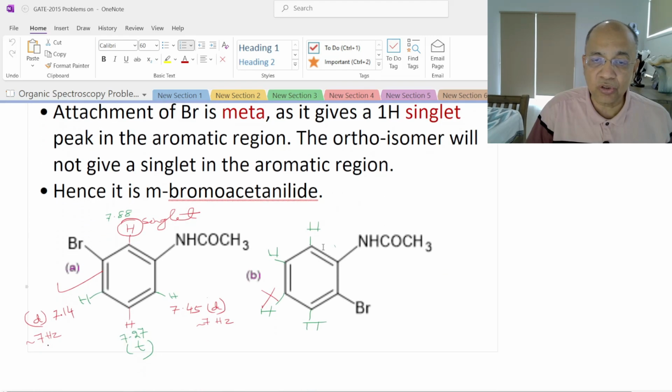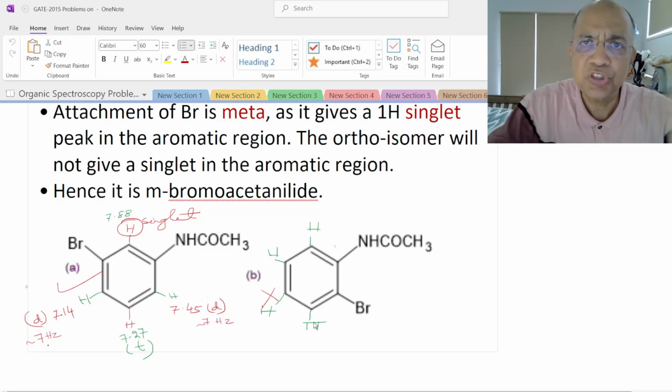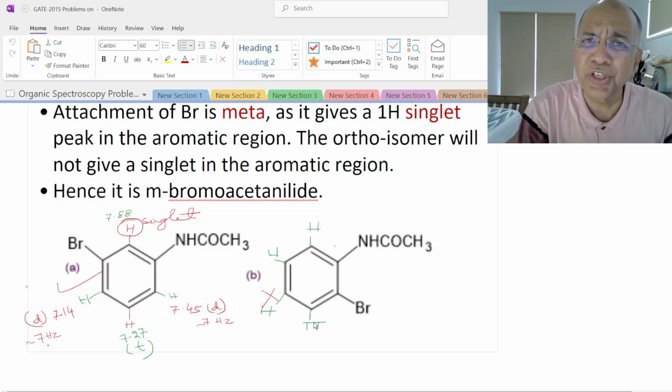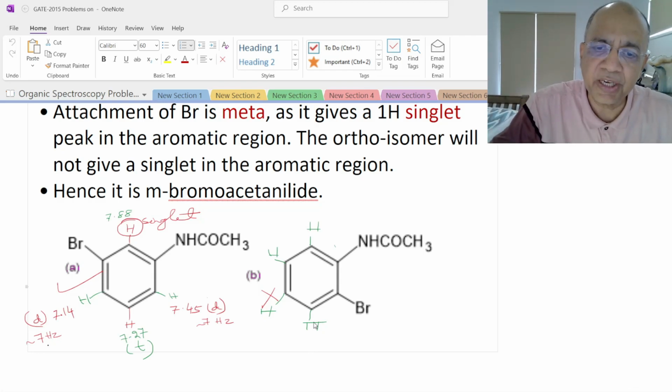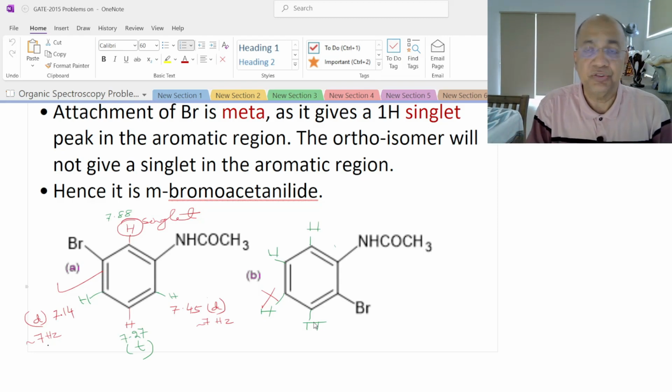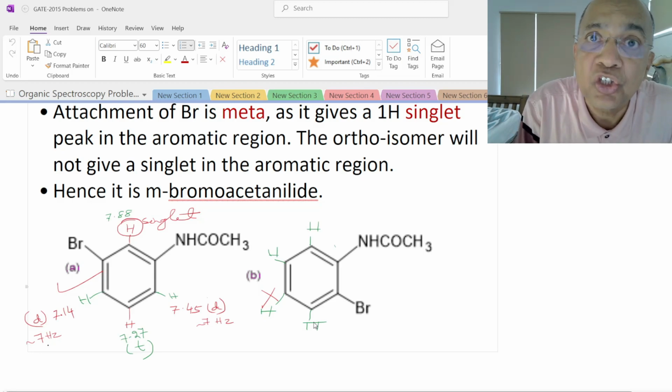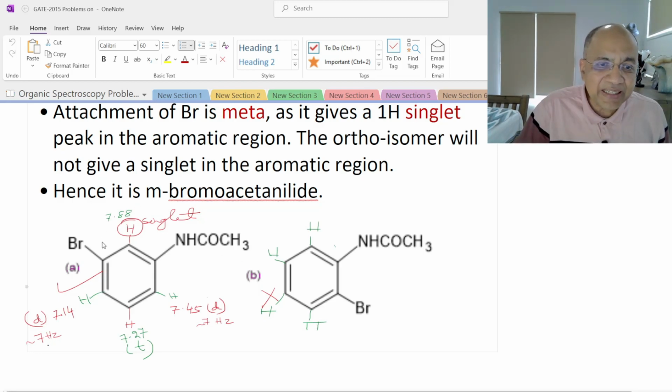If you look at the ortho, this is a doublet, this is a triplet, this is also a triplet, and this is a doublet. Forget about J4 and J5, which will not be visible in a low resolution NMR spectrum. Only in high resolution NMR do we expect J4 and J5, and the data is given as 7 Hz, which is J3. The singlet will never appear in the aromatic region of the ortho compound, it is all multiplets.